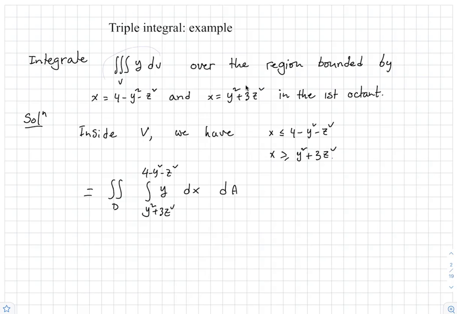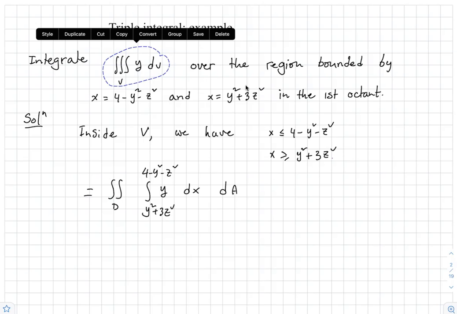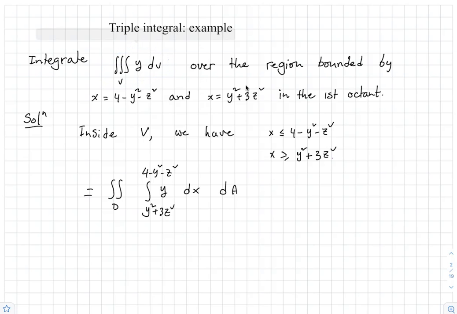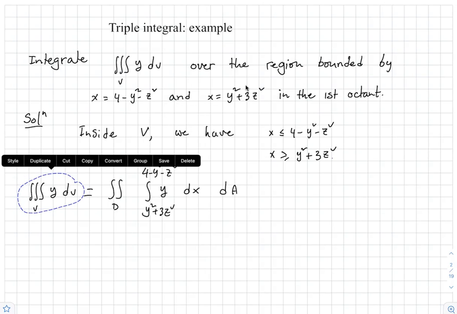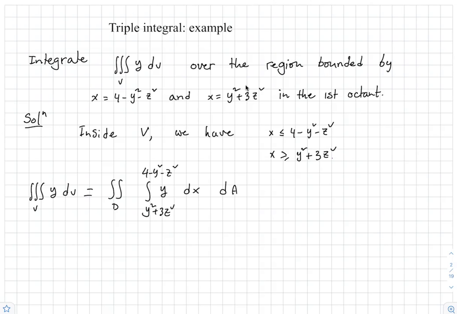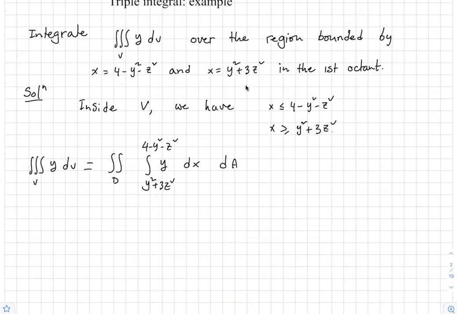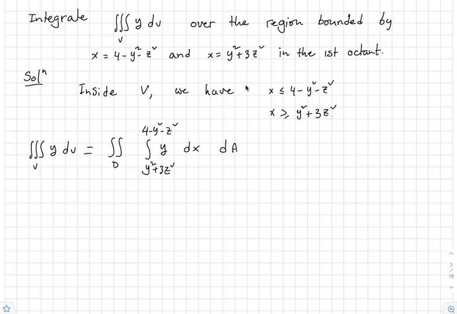So we are going to write the integral like that. The triple integral of y dV is a double integral over a domain D of a single integral, and this inside integral has to be solved first, and then we figure out how to solve the double integral.